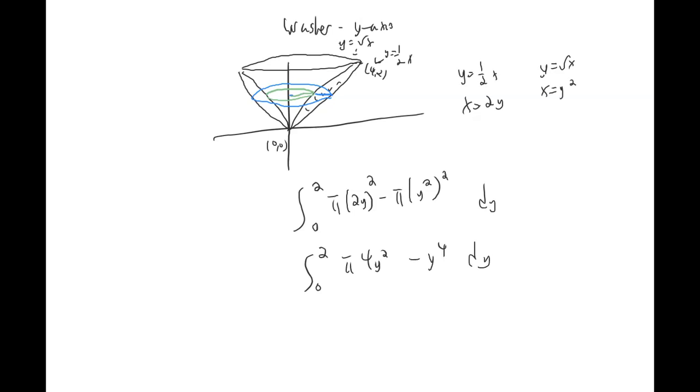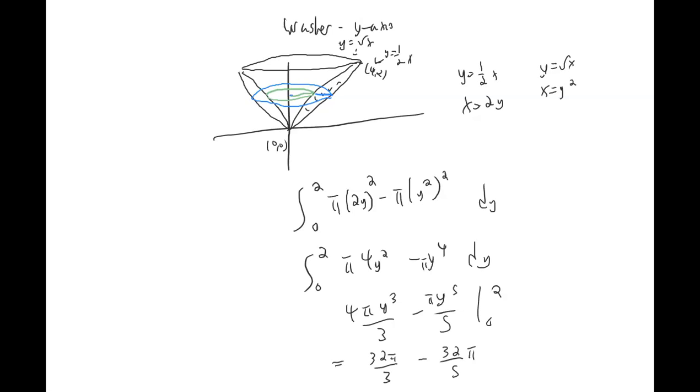So what is that? Pi times (4y cubed over 3 minus y to the 5th over 5). Evaluating at 2, 2 cubed is 8, so 32 over 3 minus 32 over 5, times pi.